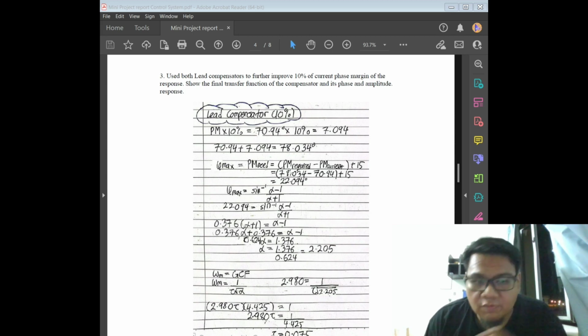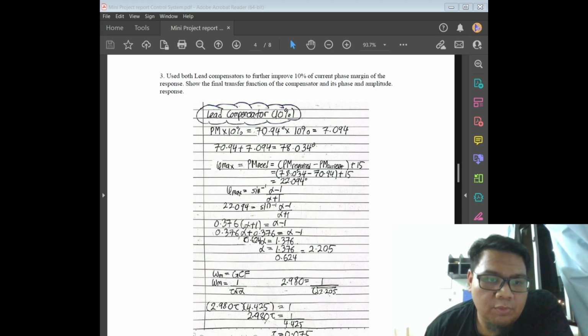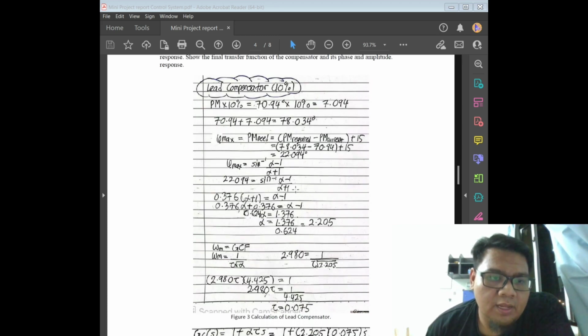After we substitute the values, the phase margin required is 78.034 minus the phase margin current 70.94 plus 15, then we get 22.094 for phi max.